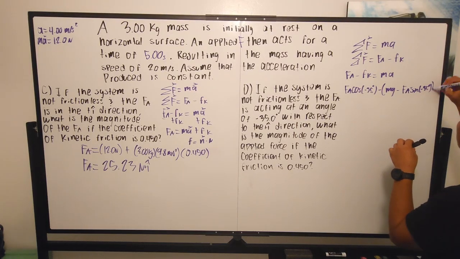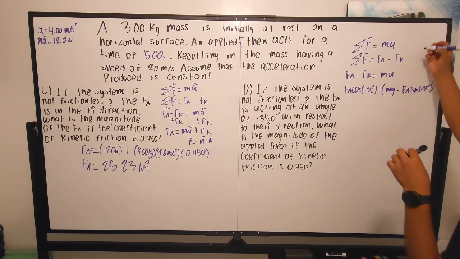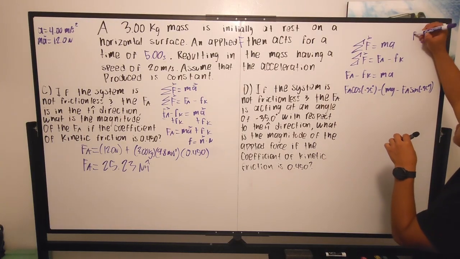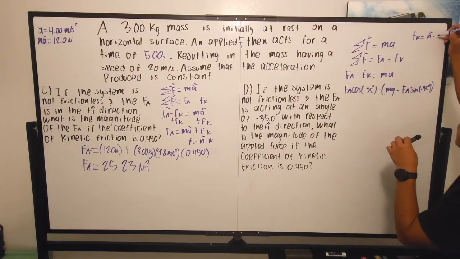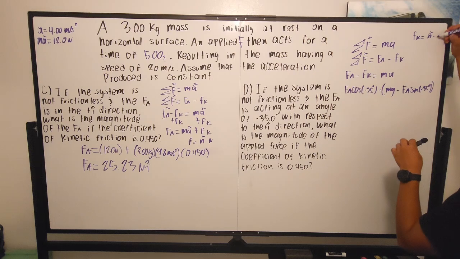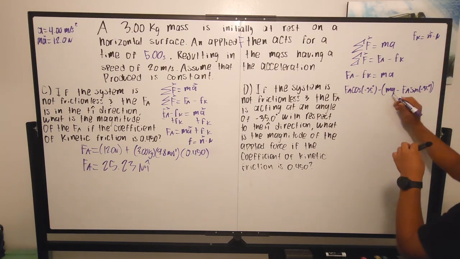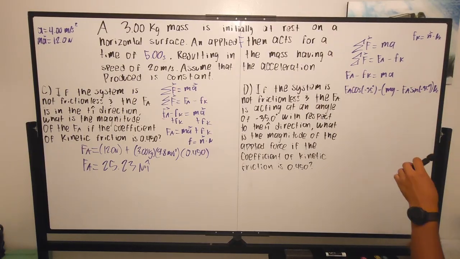And this is going to be our normal force right here. To get the force of kinetic friction, we do the normal force multiplied by the coefficient of kinetic friction.